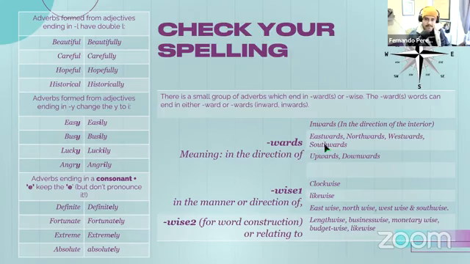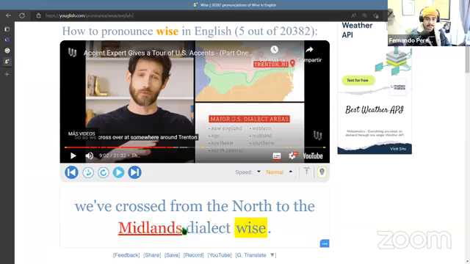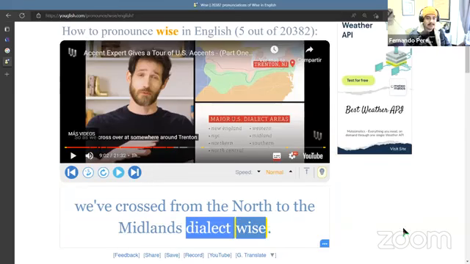The word clockwise, for example, is super specific, and it exists in the dictionary. But concepts like dialect-wise are technically a composed adverb, and you are not going to find it in the dictionary. Why? Because this is a combination of words.